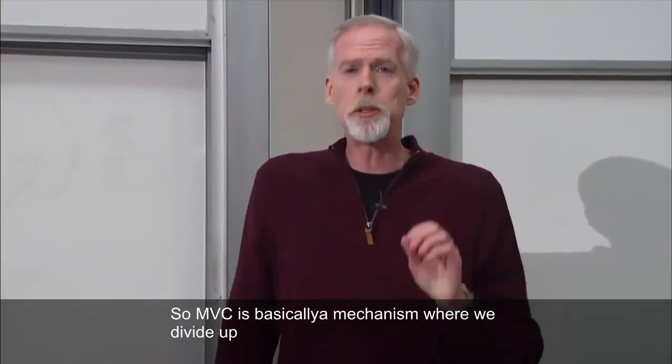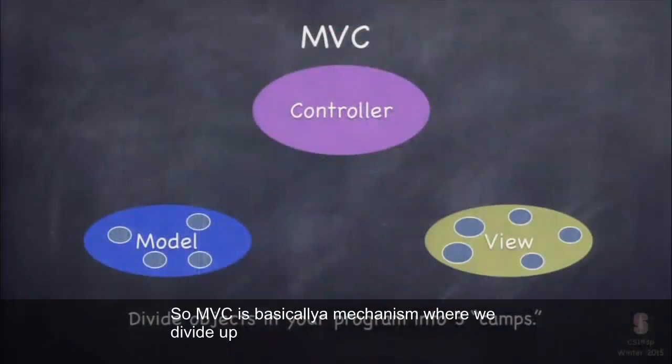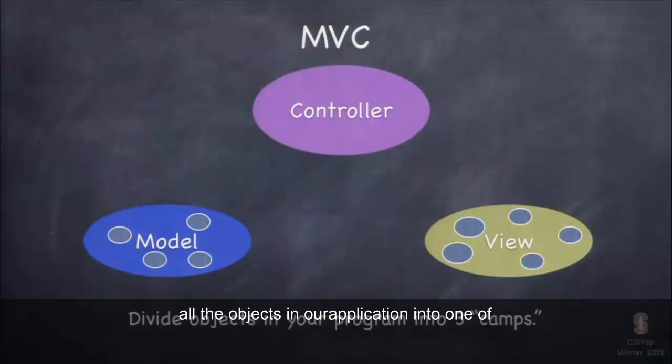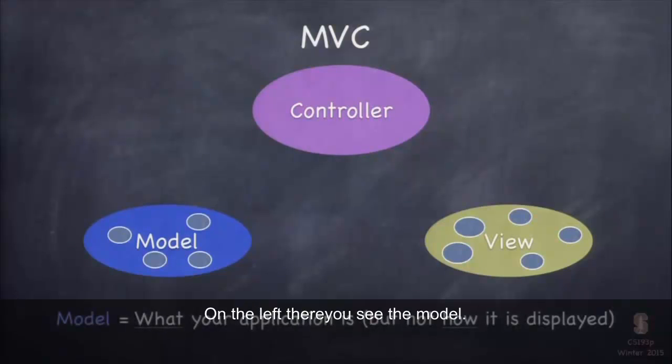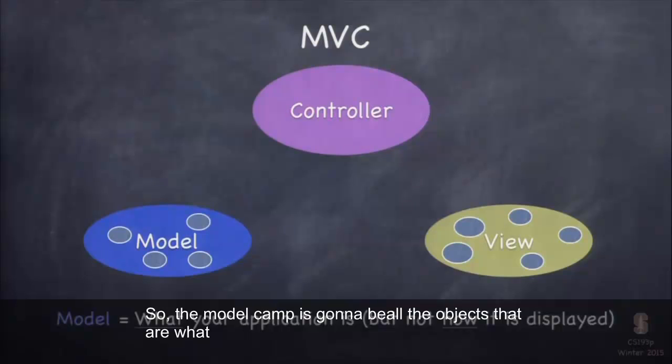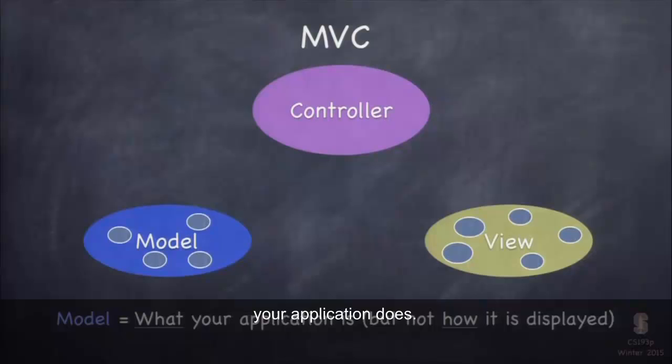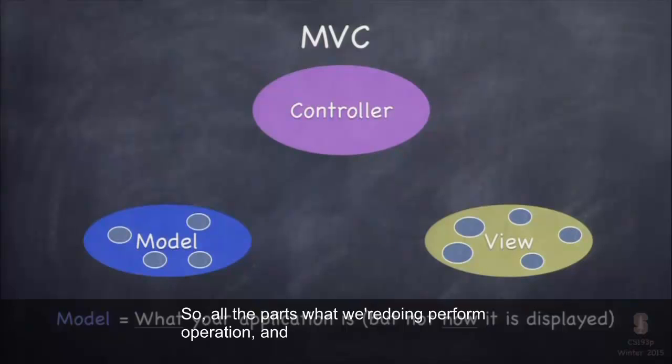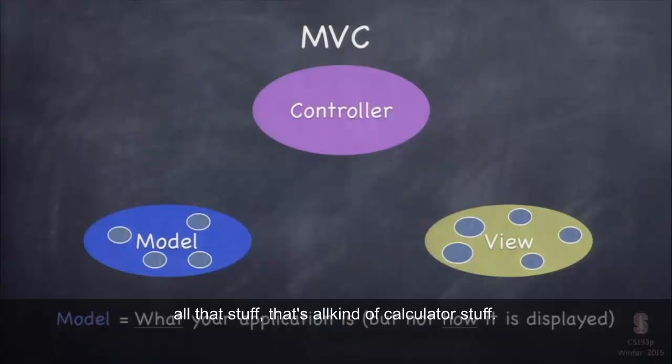So MVC is basically a mechanism where we divide up all the objects in our application into one of these 3 camps. On the left there you see the model. The model camp is going to be all the objects that are what your application does. For our calculator, it calculates. That's what it does. So all the parts where we're doing perform operation and all that stuff, that's all calculator stuff.